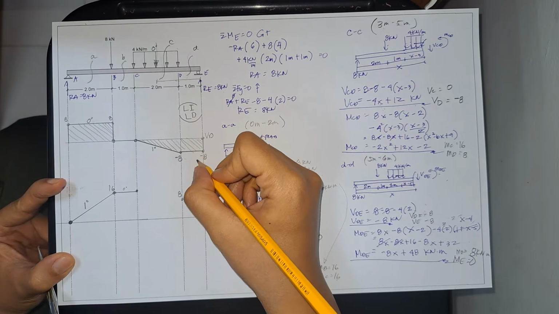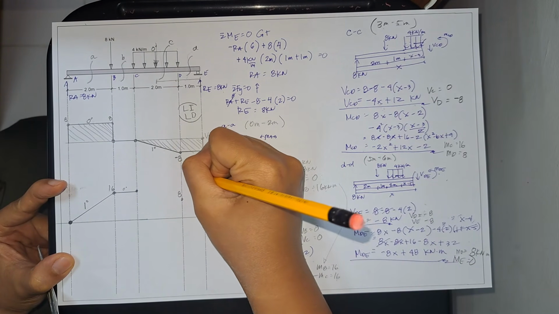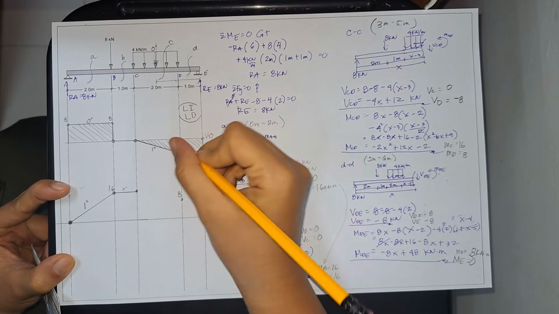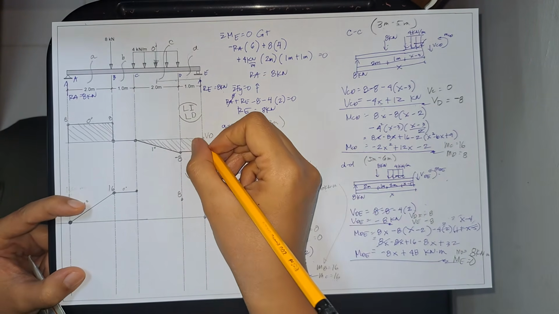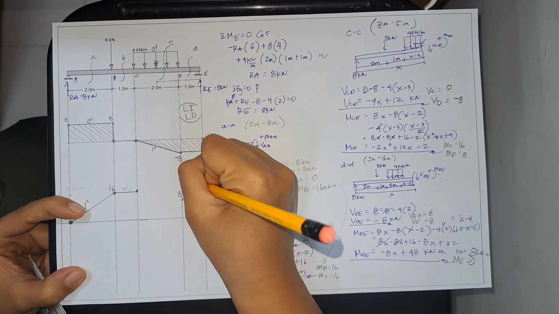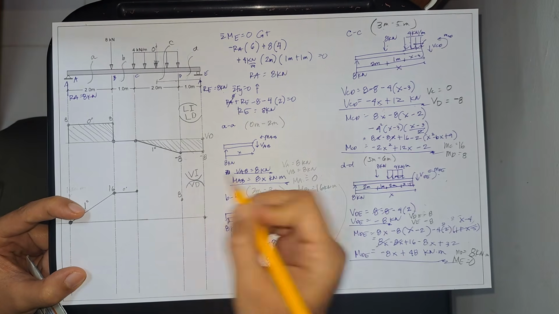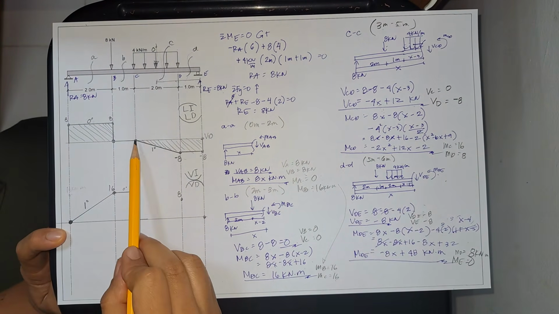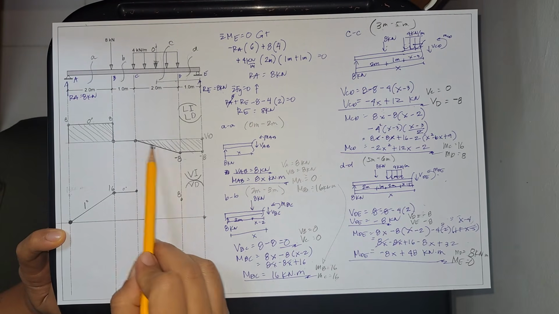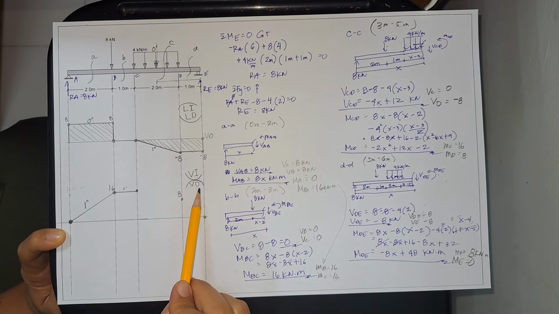And then, sa shear diagram naman, if the shear diagram is increasing, the moment diagram will concave upward. And if the shear diagram is decreasing, the moment diagram will concave downward. So, dito, yung shear diagram po natin is decreasing, di ba? From 0 napuntang negative 8. So, decreasing po siya.